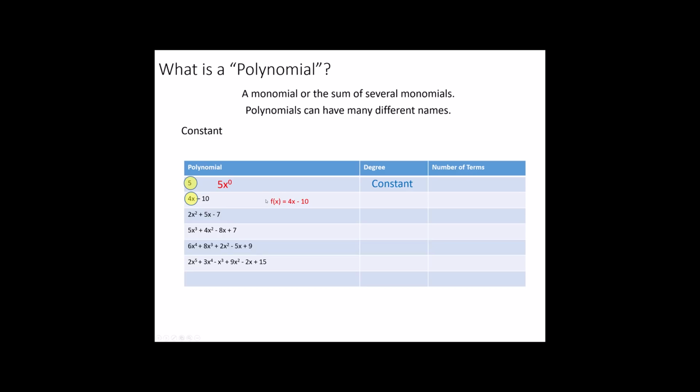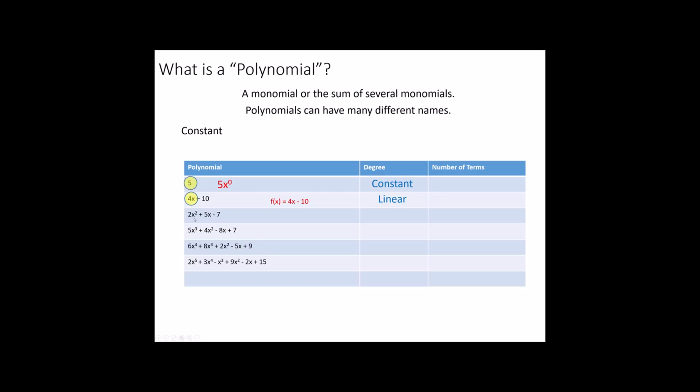This was a type of function or a function family we worked within. It was called a linear function. For the exact same reason, this polynomial is considered to be a linear polynomial. Anytime the highest degree monomial or highest degree term is x to the first power, it's going to be linear.